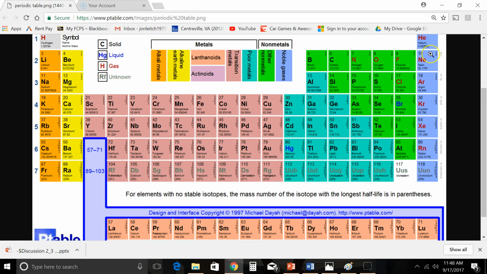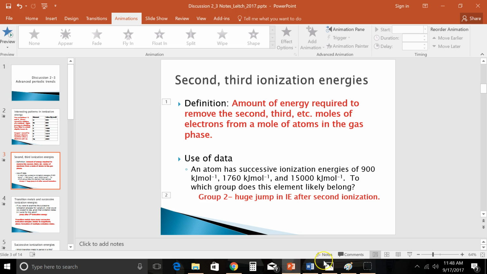But once it has lost those 2 electrons, it will have a noble gas electron configuration, in this case the same electron configuration as neon. Once you have a noble gas electron configuration, you have a full outer shell of 8 valence electrons, and so they're exceptionally stable. So we would expect it to be incredibly hard to remove a third electron from the magnesium ion because that would be breaking up a full valence shell.